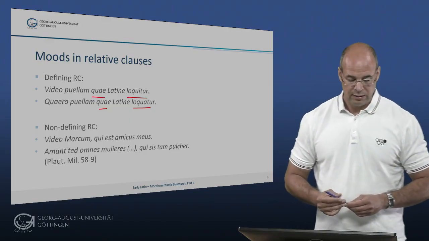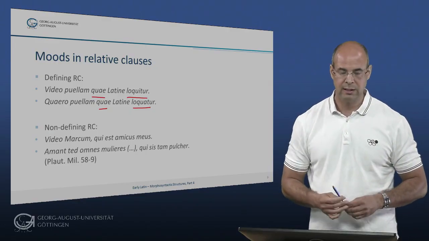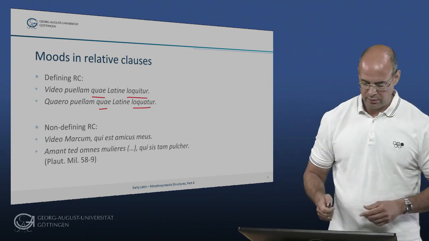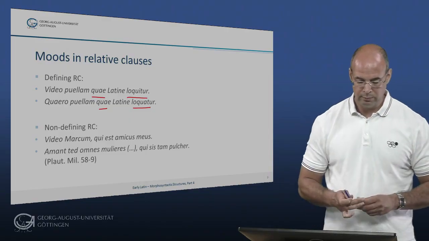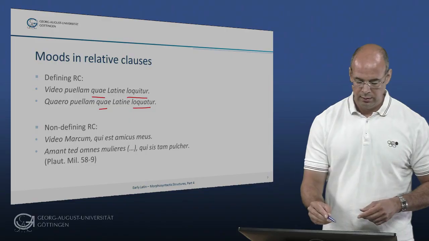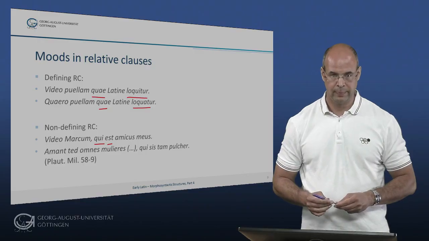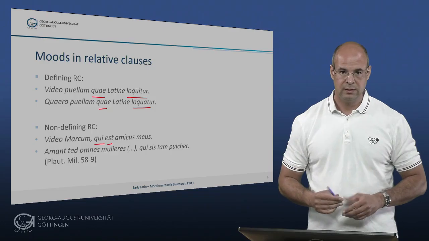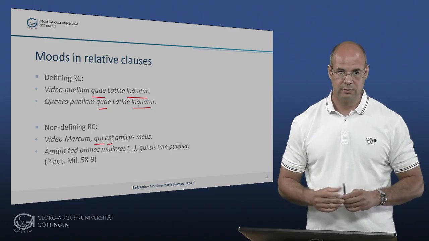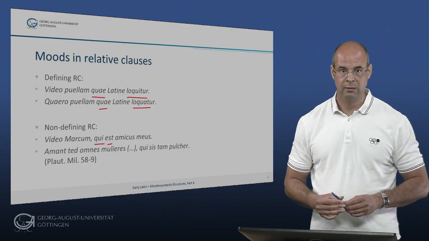In non-defining relative clauses, the indicative is again normal, and again I've just made up an example because there's not much point. Most relative clauses are of this type. Video Marcum, I can see Mark, qui est, indicative, amicus meus. But the subjunctive can be used to indicate there's a further meaning, and that can be causal or concessive or anything else. And this meaning you have to infer from context.